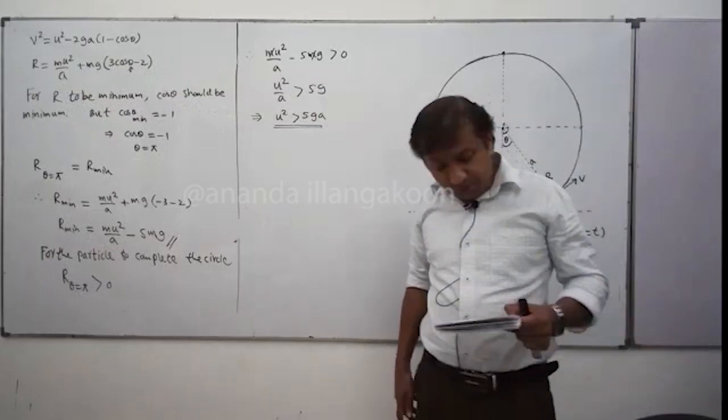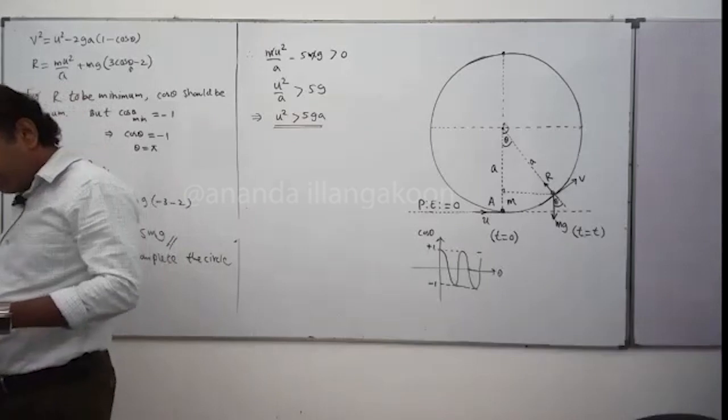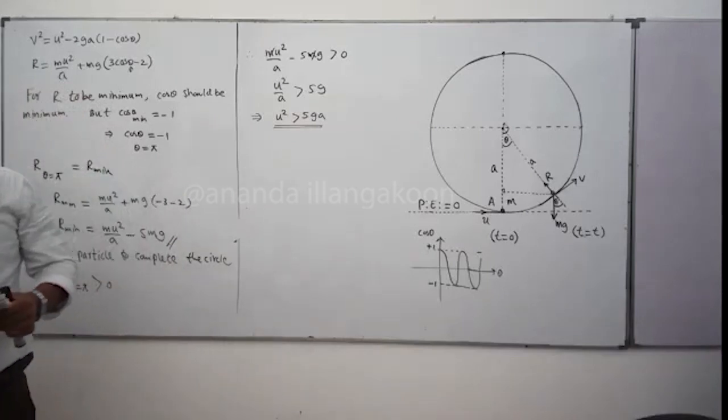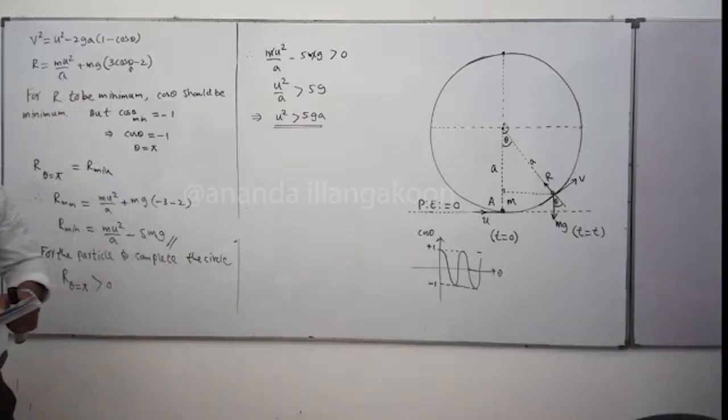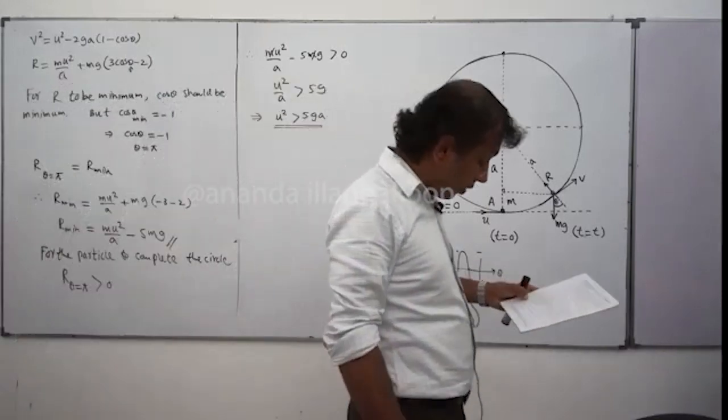At time t equals t, the particle acquires velocity v, making an angle theta with the downward vertical. By considering the level of O as the potential energy zero level, obtain the equations.